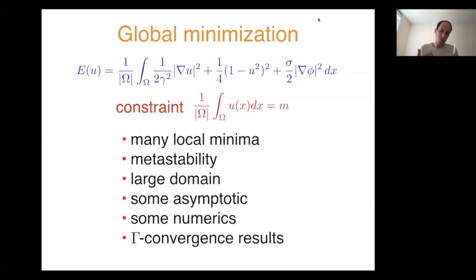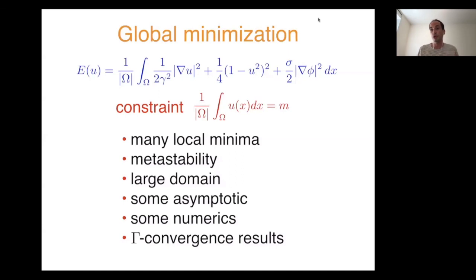And when you run gradient flow methods, you also get stuck a lot near almost local minimizers or near saddle points, and you then have to change time scales. You can of course try to get out of local minima by adding some noise and all these things, but still it's hard to actually find the local or the global minimizers, also because you want to do it on large domains. However, there is some asymptotic.